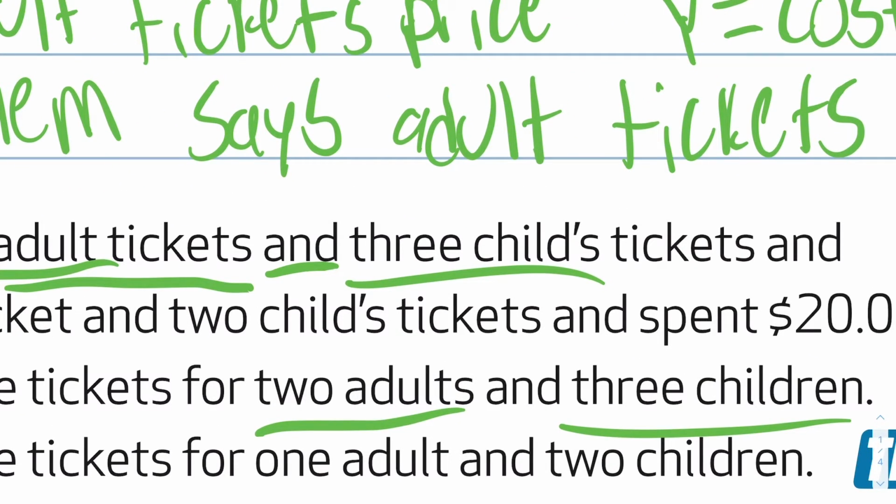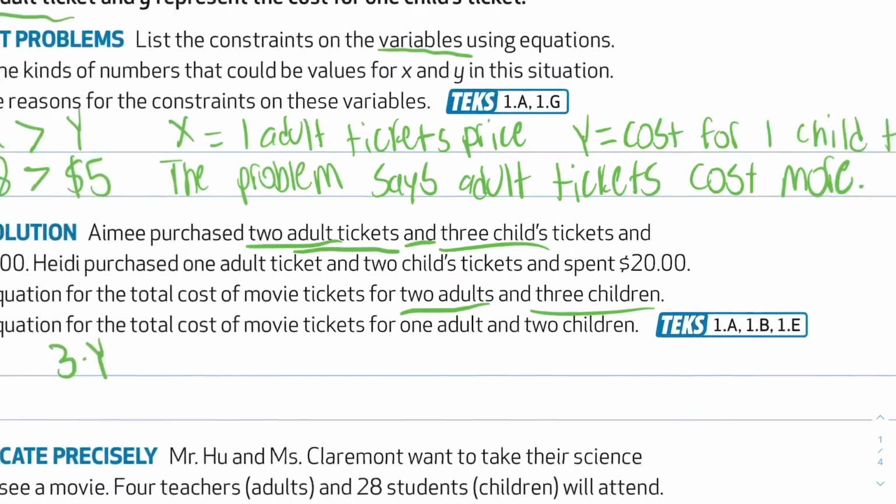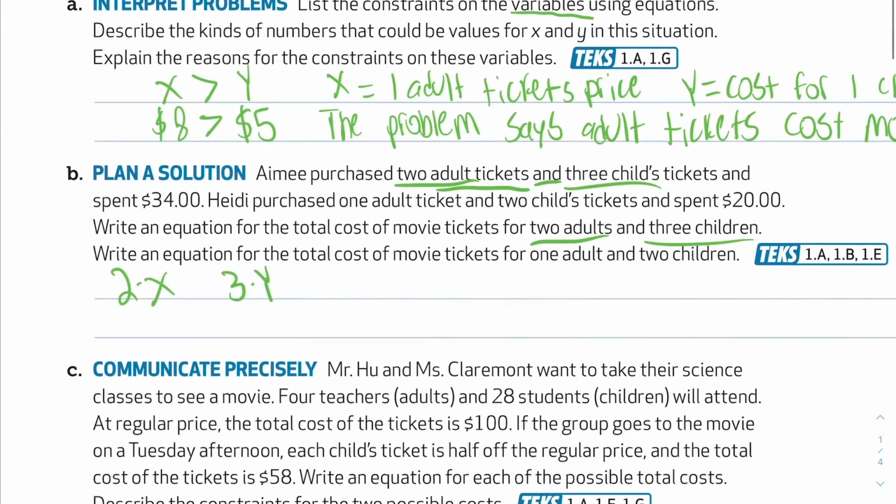What's the operation that "and" is telling you to do? Apples and oranges. That means apples plus oranges. So this is 2 adult tickets plus 3 child's tickets. And that means that they spent a total of $34. That's the equation that they want in question number 1, in part number 1.